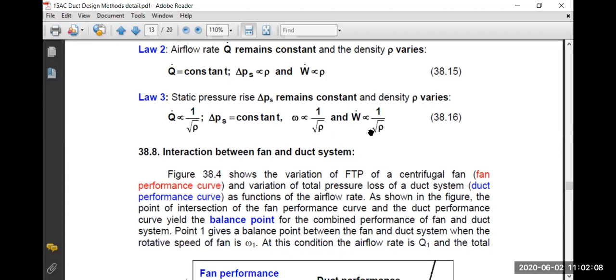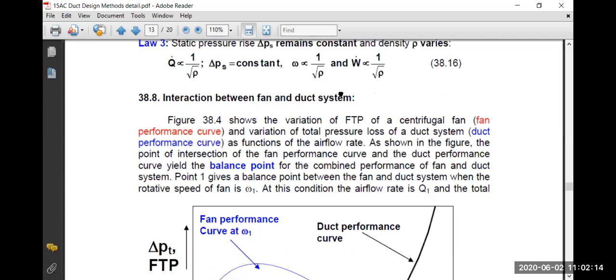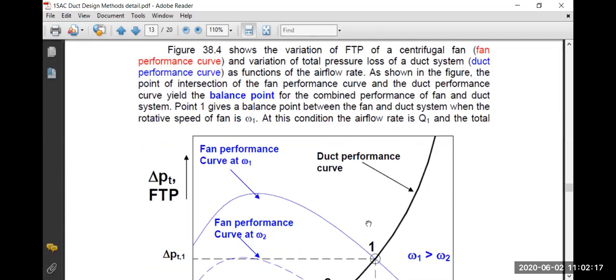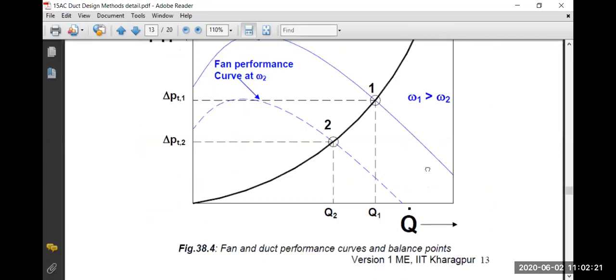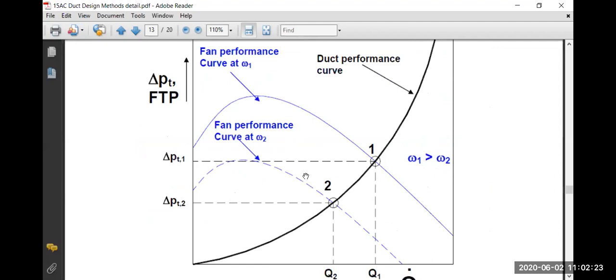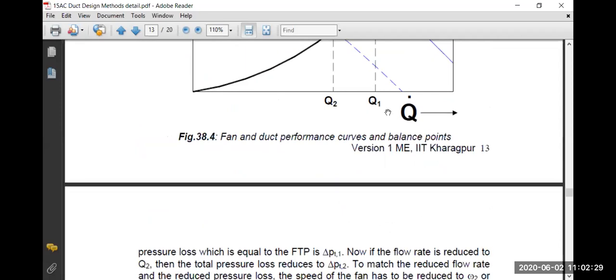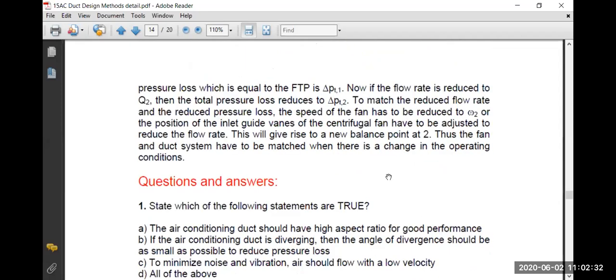Power will also be proportional to the reciprocal of the square root of rho. This is how we apply fan laws to run, balance and adjust the fan and duct system, and in one compact form it is shown in this diagram. This diagram is handwritten by me in my previous slide, and I will give you a copy of all this reference material.